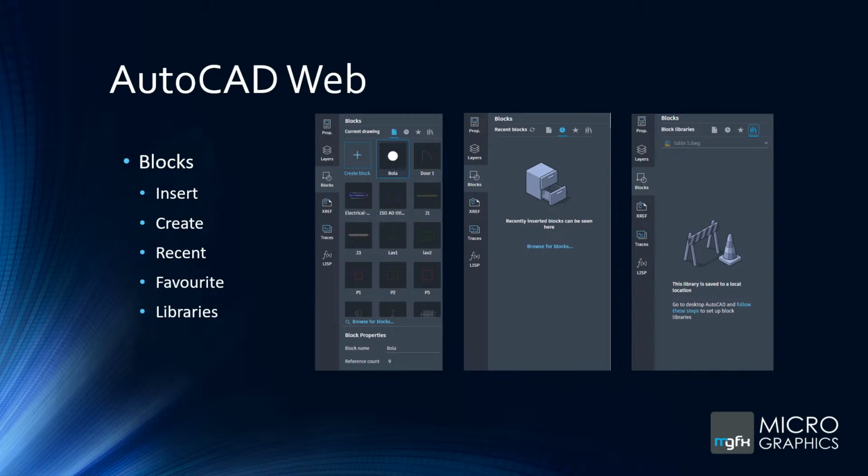If you are doing very, very heavy AutoCAD drawings, all you need to do is get to a computer somewhere, someone else's computer, open up AutoCAD Web, log in, and start drawing, and you'll have access to those blocks over there. So I think that's a fantastic feature. It's a fantastic thing they've brought into AutoCAD Web.